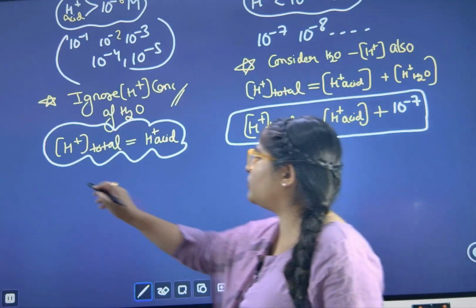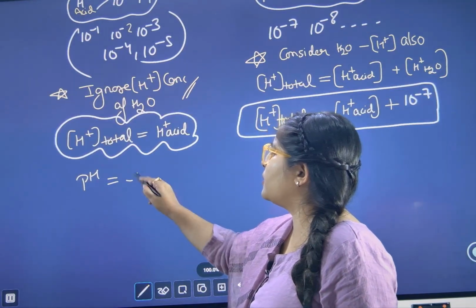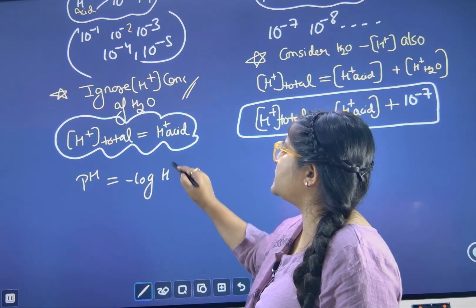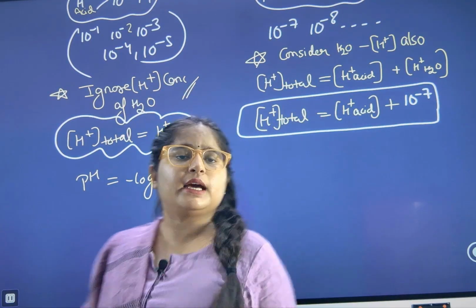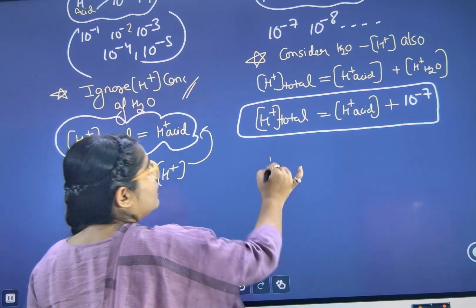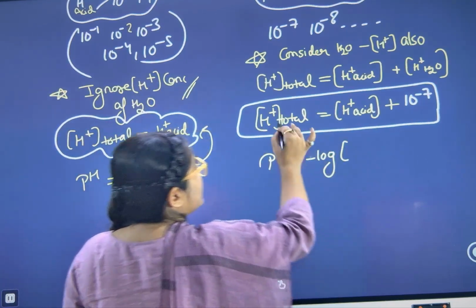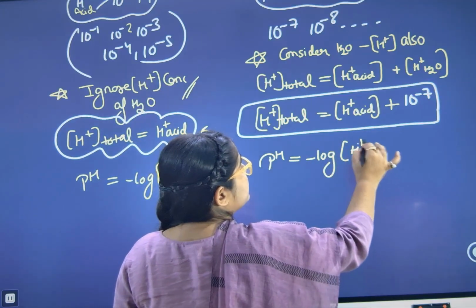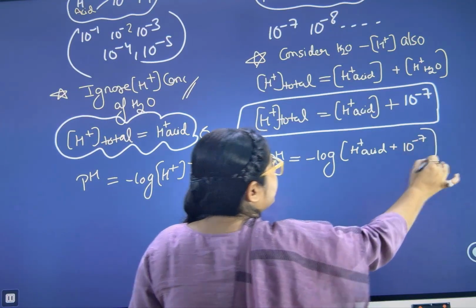How will we find out pH for this? We know the simple formula. Here pH will be equal to minus log H plus ion, and here H ion will be equal to H ion of acid. Clear? In the other case, how will we find out our pH? pH will be equal to minus log H ion total, which will be our H ion of acid plus 10 to the power minus 7.